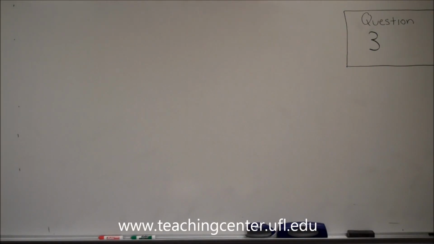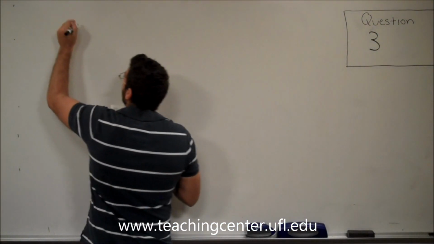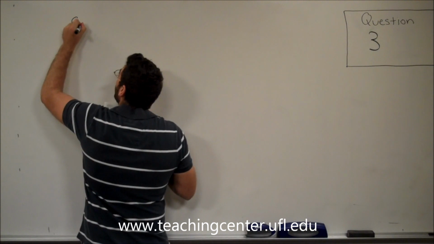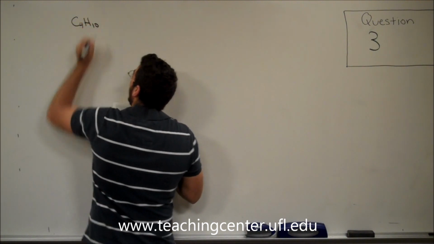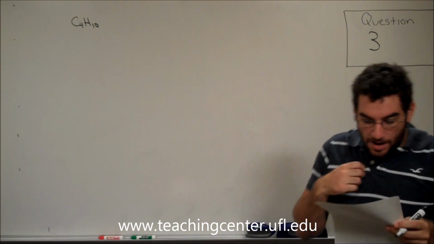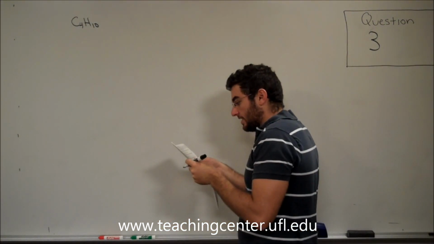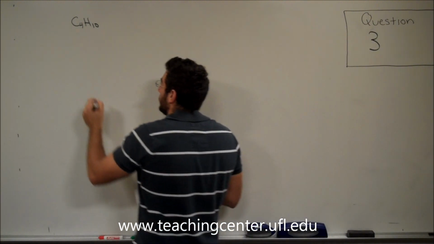Question number 3 says butane, which has formula C4H10, is used as a liquid fuel in lighters. How many grams of carbon are present within a lighter containing 7.25 milliliters of butane?